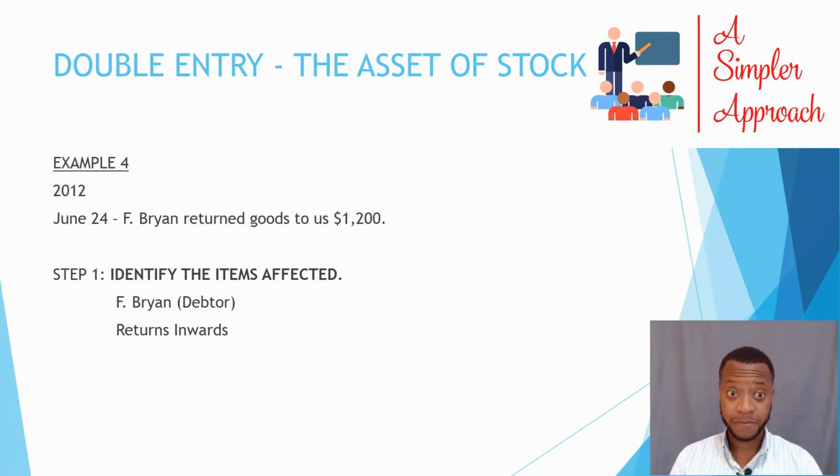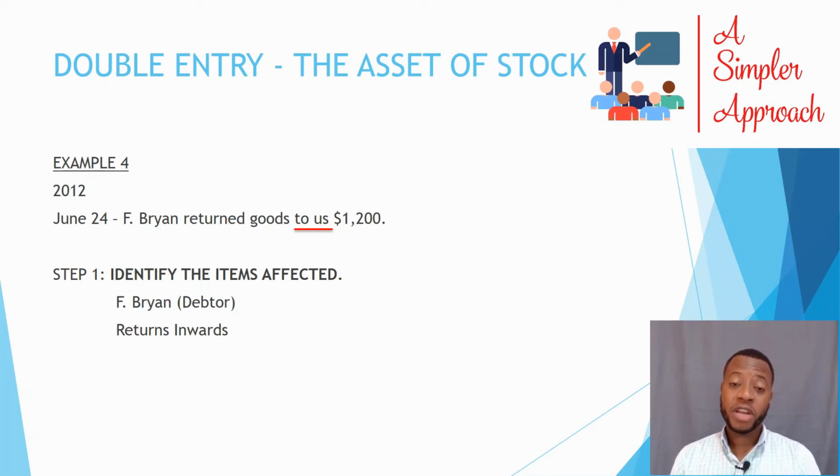Example number 4. F. Brian returned goods to us, 1,200. Straight away, we can identify the first item affected, F. Brian. Now, as for the second item, look at these 2 words. To us. To us means what? Goods returned to us. That means returns inwards. Because it did say that the goods were returned to us, and by us in this context, we mean the business.